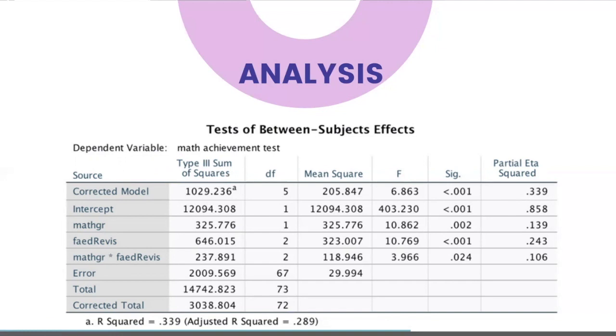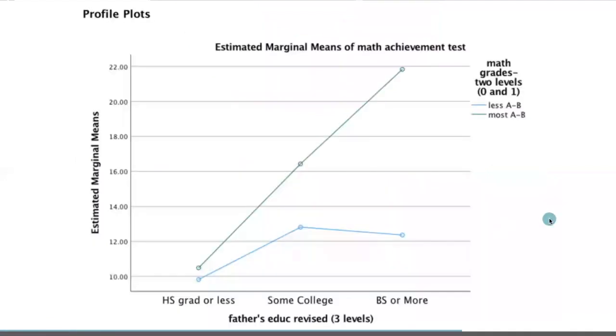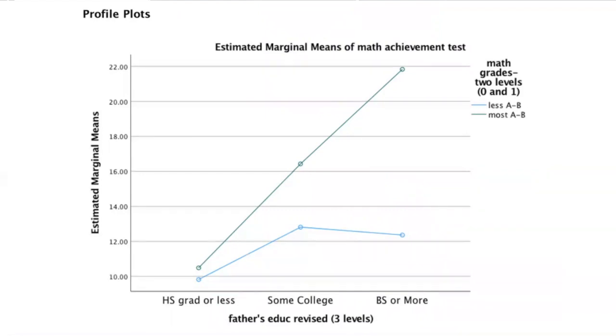when we're looking at the profile plots. This is the most simplified way, in my personal opinion, to look at the data to see where this significance is happening. According to this plot, there's not much of a change here if a student is scoring less than an A and B between what level of education their father has.